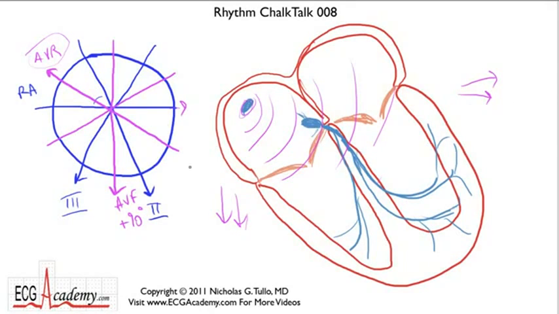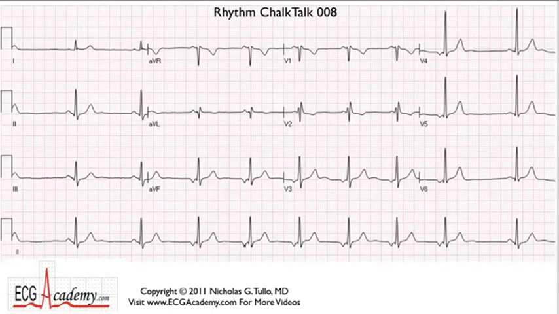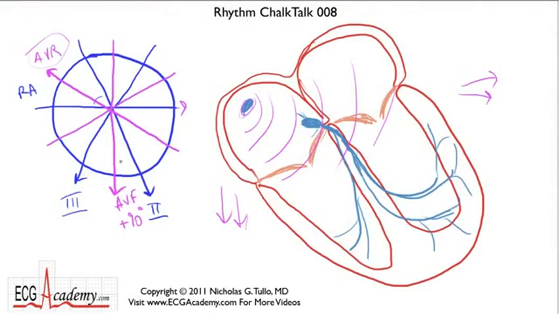But now in this ECG, what you see is that the P waves are negative in 2 and they're positive in AVR. That means that this P wave is arising from some crazy place. It likely is arising from the low right atrium somewhere, because it's heading towards AVL, where it was positive.